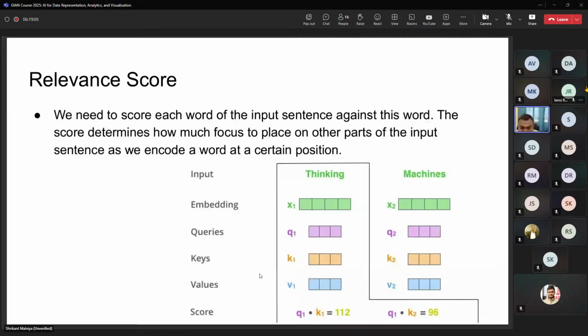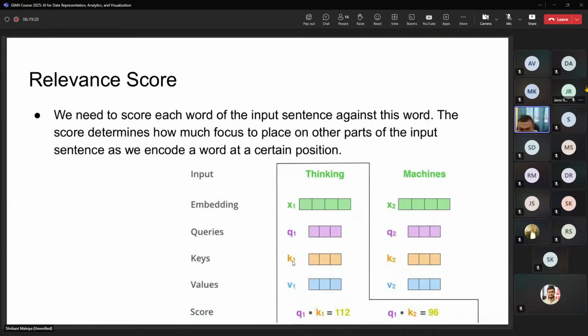With an example, let's see for the given term, suppose thinking, we get the embedding, and multiplying with the weight matrices, you will get the query, key and value vectors. In the next step, we'll multiply q and k.